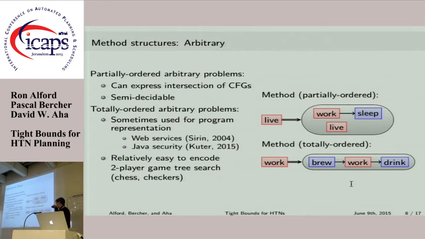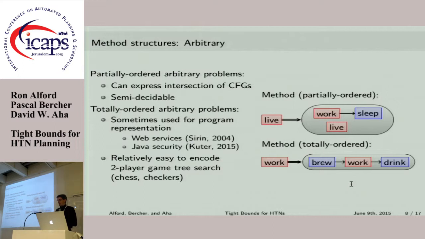So Evren Sirin in 2004 did a translation of web services into HTN planning for purposes of composing web services together, and that's where you can get arbitrary recursion. And our current set of planners, and even our current set of algorithms that we can implement in these planners, aren't really set up for this type of structure.